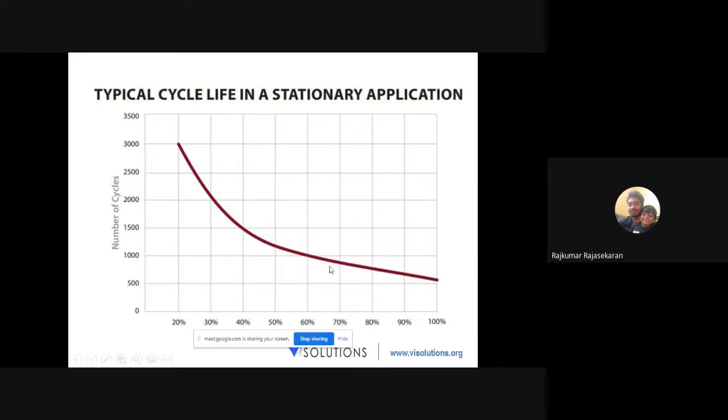At 1500 it's going to become 40%, and at 2000 you can see it's going to become 30%. It declines exponentially, and at the end, at 3000 cycles, it will be able to hold only 20% of the original energy.